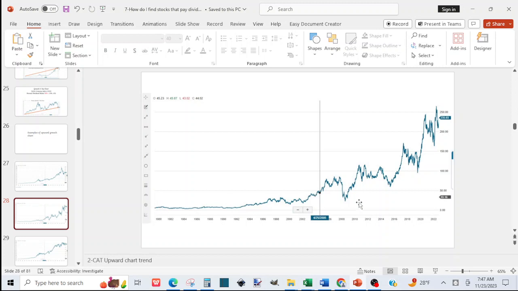You are trying to invest long term. Therefore, at any point you want to sell those stocks, you want to sell it for profit, even though they have been paying you dividends over the years. When you sell it, you want to make a profit on that sale as well.